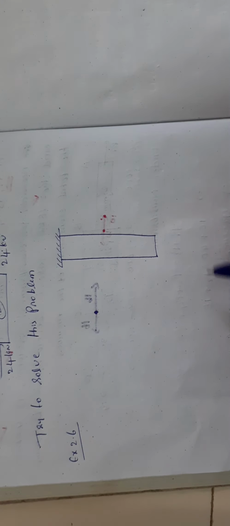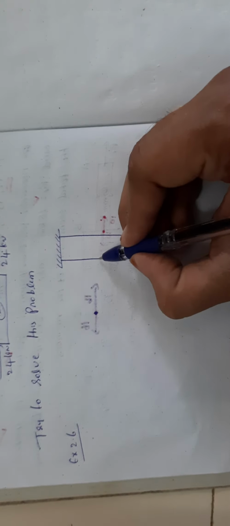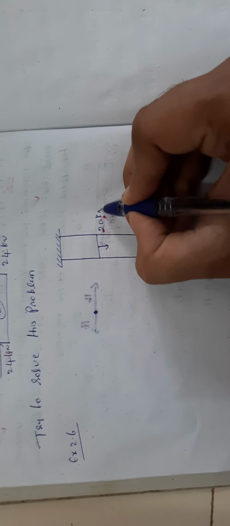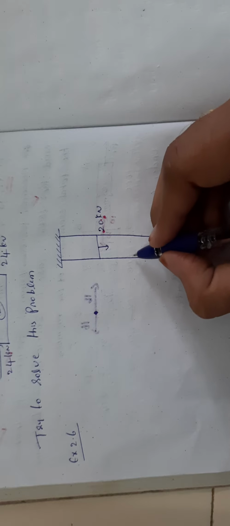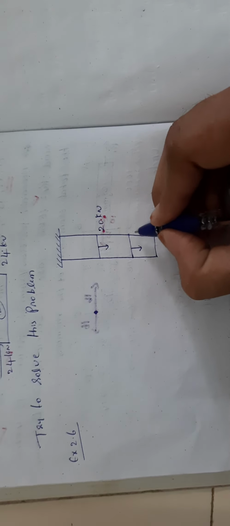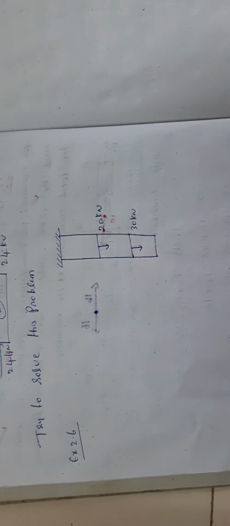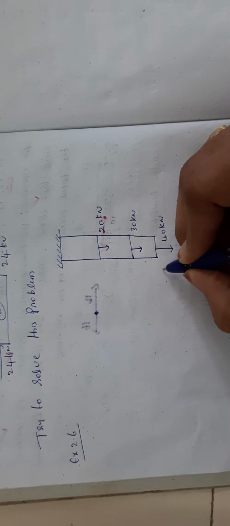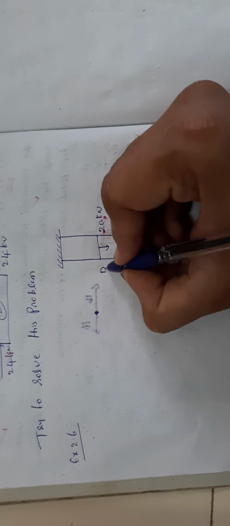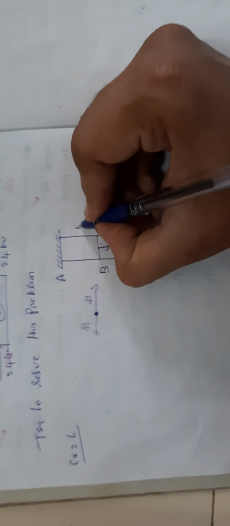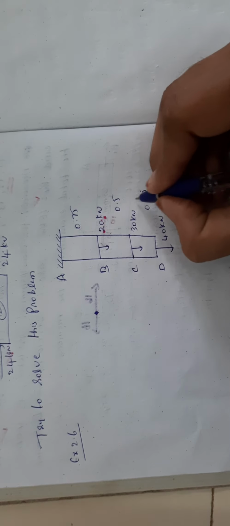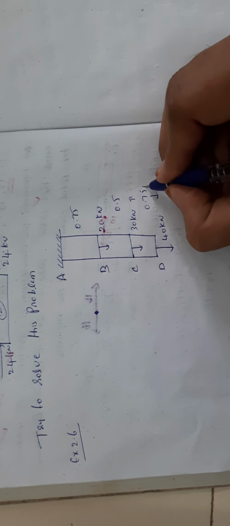This is the bar. Okay, so there is a force of 20 kilonewtons which is applied at B, and there is a force here 30 kilonewtons, and there is a force here 40 kilonewtons. D, C, B, A, and this is 0.75, this is 0.5, and this is 0.75. These are the lengths which are in meters.